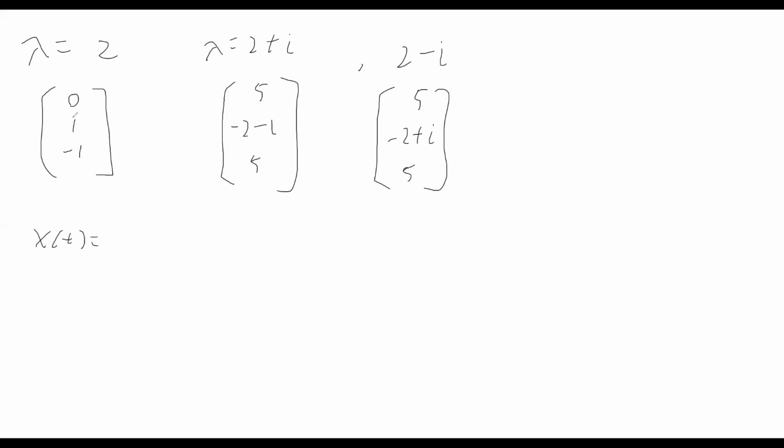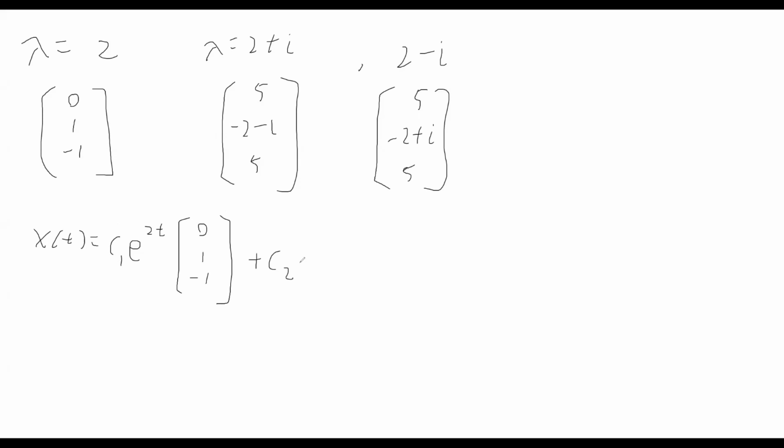First, we have the real one, which is a little easier, right? e to the 2t multiplied by 0, 1, negative 1 plus c2. And this is where things can become a little trickier, right?